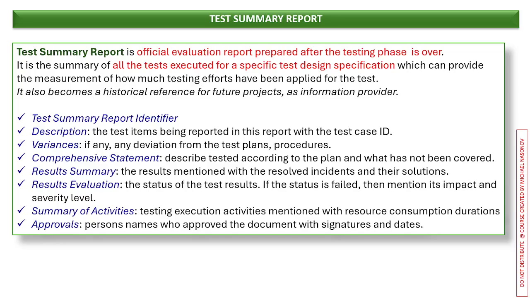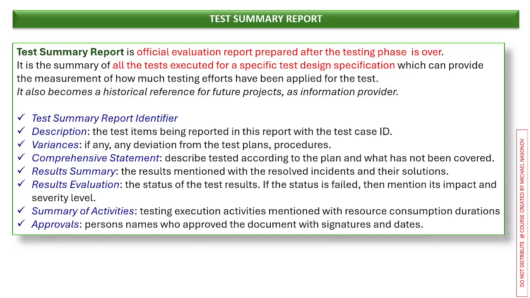It is the summary of all tests executed for a specific test design specification, which can provide the measurement of how much testing effort has been applied for the test, in this case tests, or test suites, or test plan. It also becomes a historical reference for future projects as an information provider.